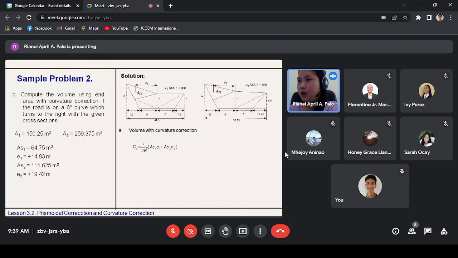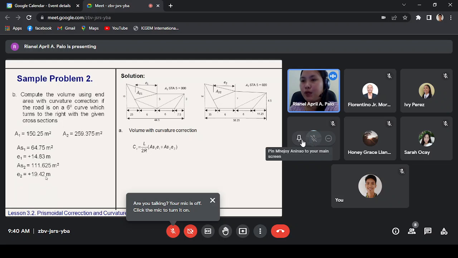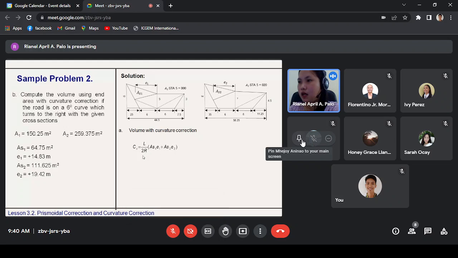So in our formula, we have L, which is the distance between these two stations, station 5 plus 000 and station 5 plus 020. Then AS1, which we computed as 64.75 square meters, then E1 is 14.83. Then AS2 is 111.625 square meters, then E2 is 19.42 meters. For our R, we compute it first. We use the formula for the horizontal curve, 1145.916 over D, where D is the degree of curve.